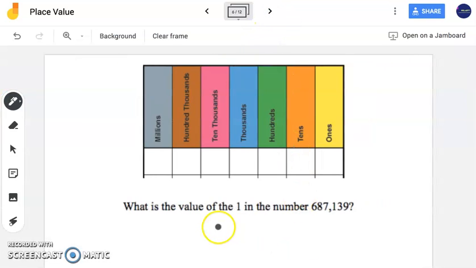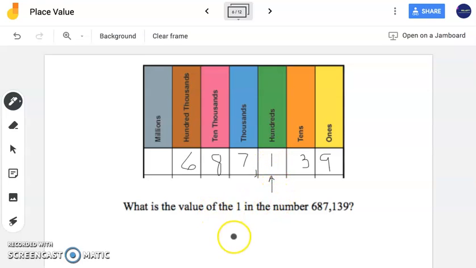Now in this next problem it asks me again, what is the value of the 1 in the number 687,139? Now again, I'm going to place my number here so it helps me easily identify where the digit 1 is located. Now I notice here in this number, my digit 1 is right here, and that's in the hundreds place.